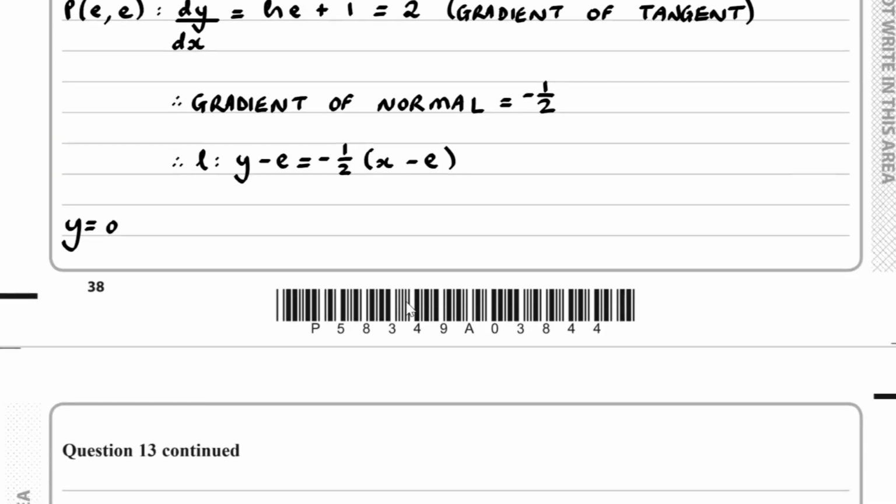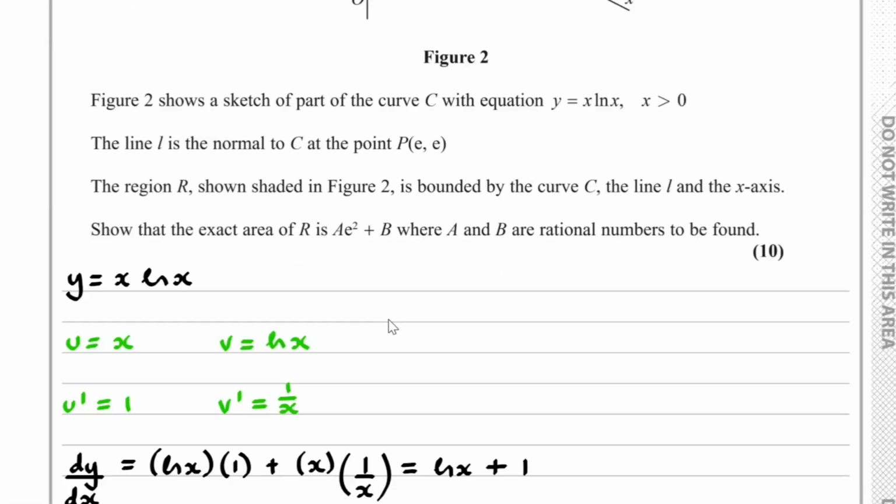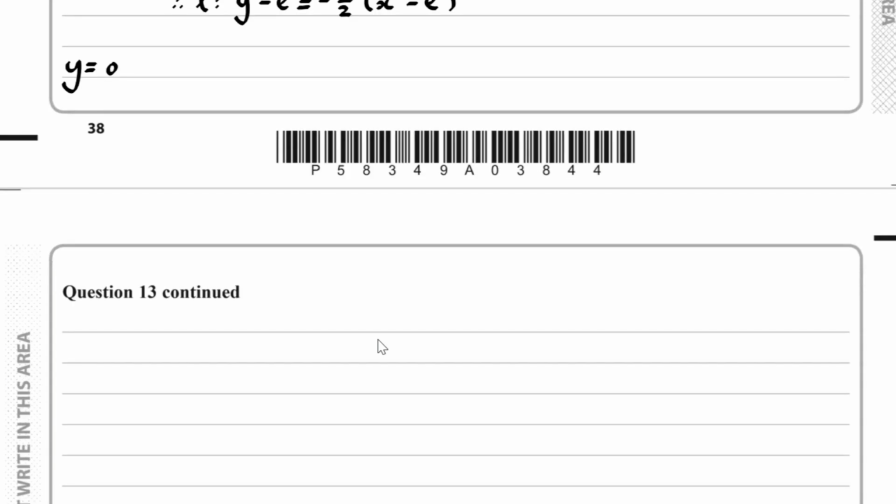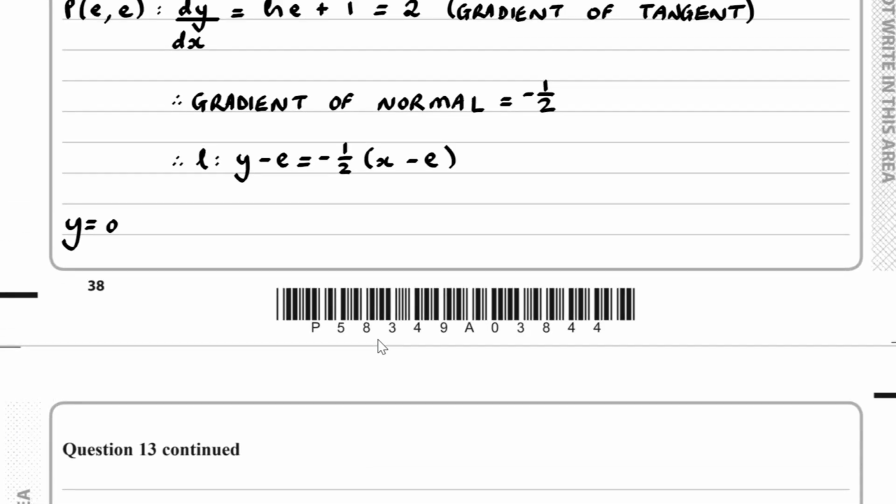So if we attempt to solve, rather when y equals 0, for L, we have 0 minus e equals minus 1/2 times x minus e.